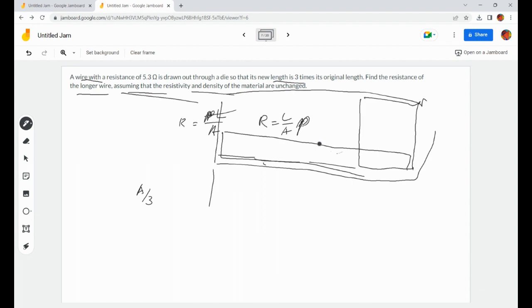But the density does not change. Well, that's actually a pretty tricky question. R equals L multiplied by 3, but A is changed by something, and I think it's divided by 3, if I remember correctly.